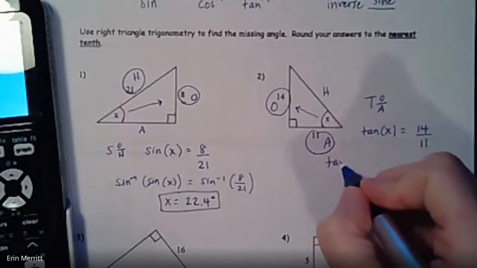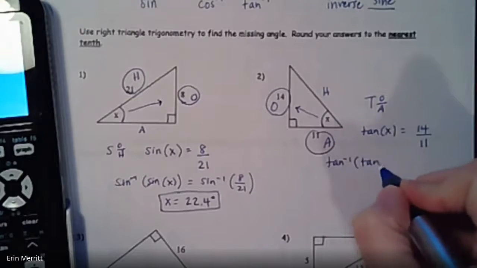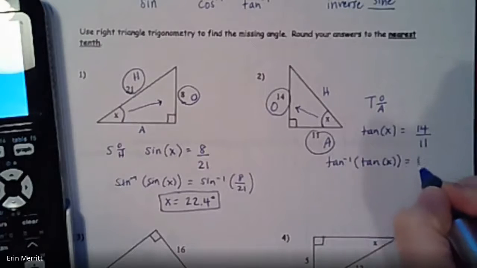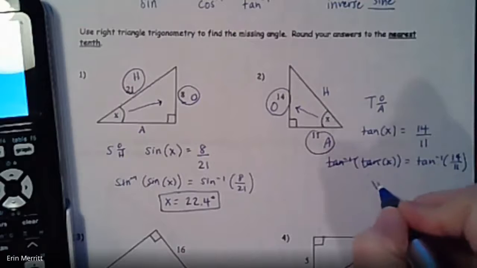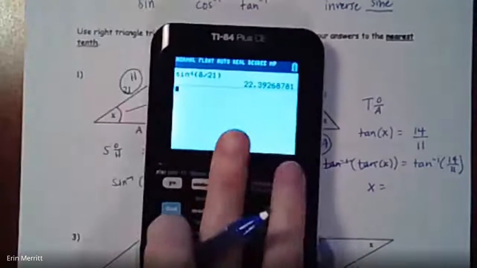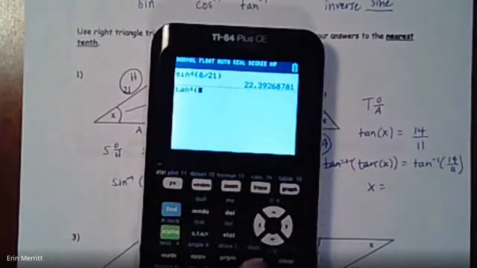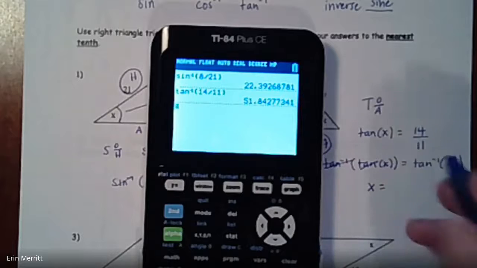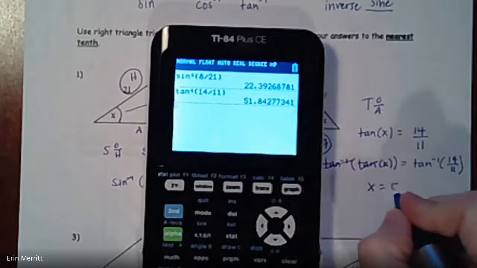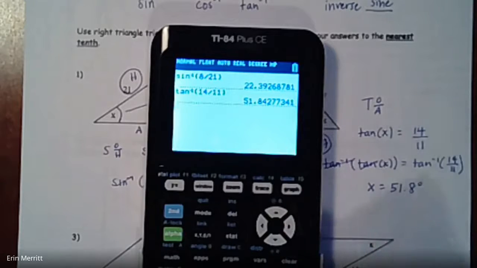So inverse tangent of tangent x, and inverse tangent of 14 over 11. This will cancel. Into my calculator, I can type second tangent, and then 14 over 11. That's going to give me 51.8 degrees as my answer there.